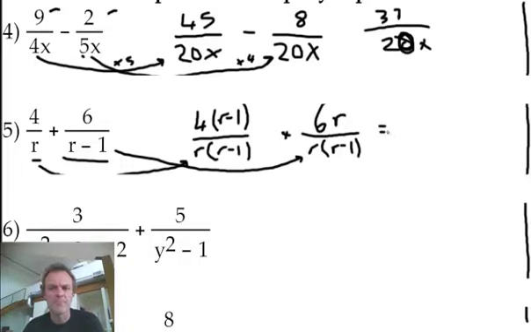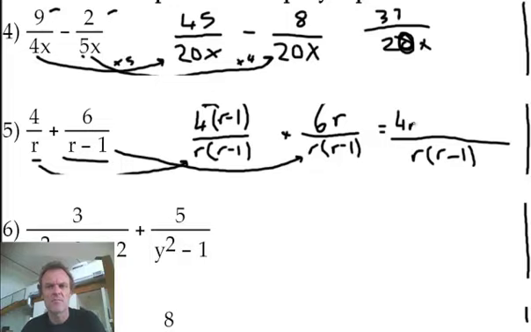So, I know I've got r and r minus 1 as my common denominator. Now I've got to sort out the numerator. So look at this. 4 times r is 4r, and 4 times the 1 is 4.